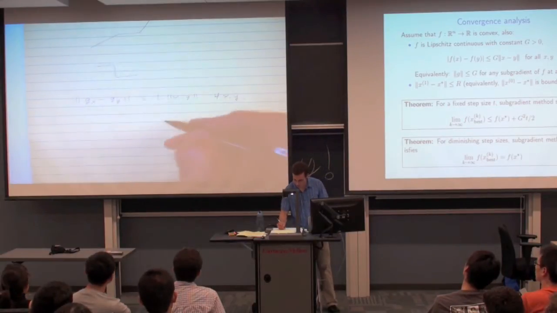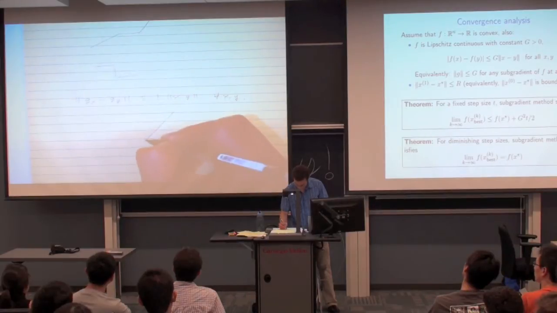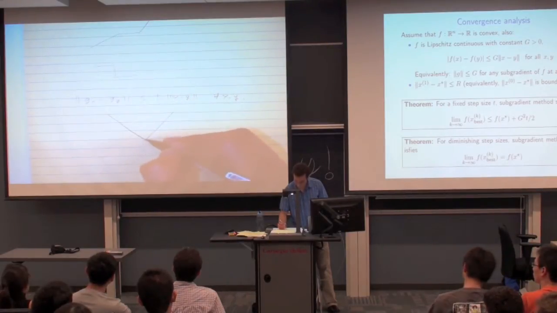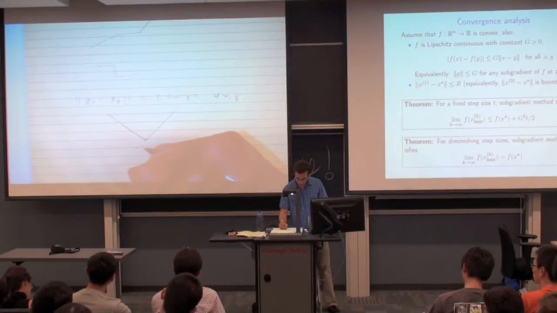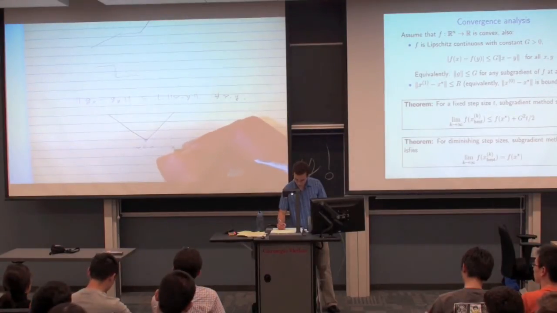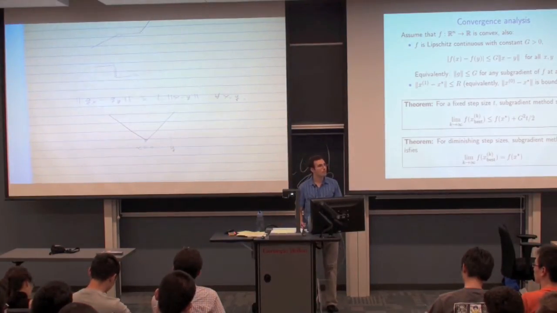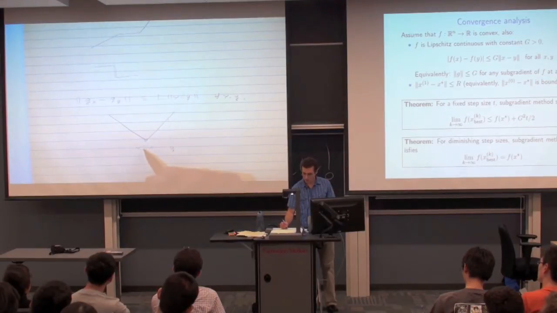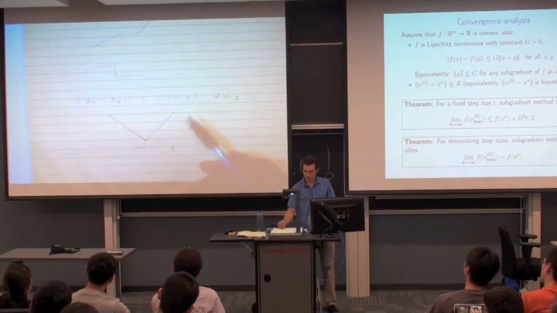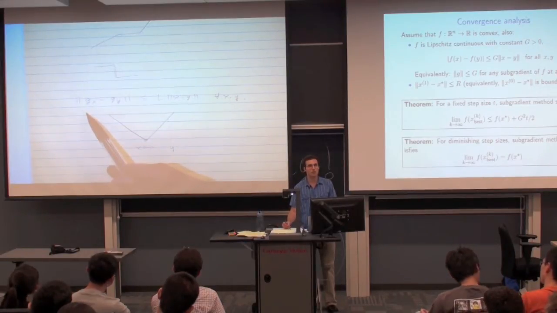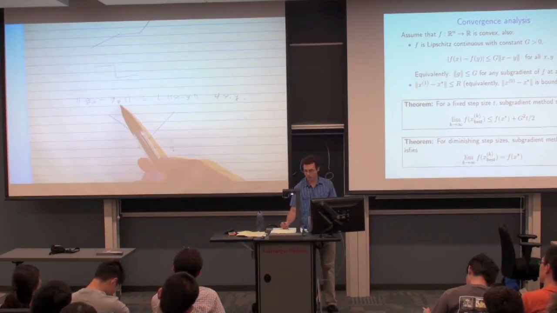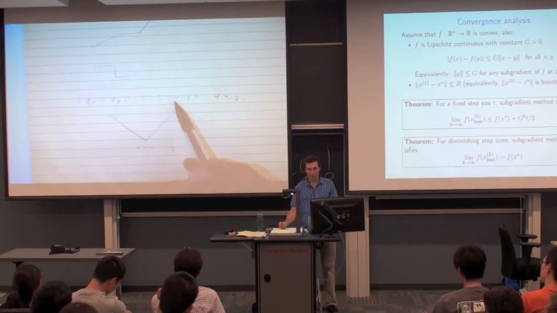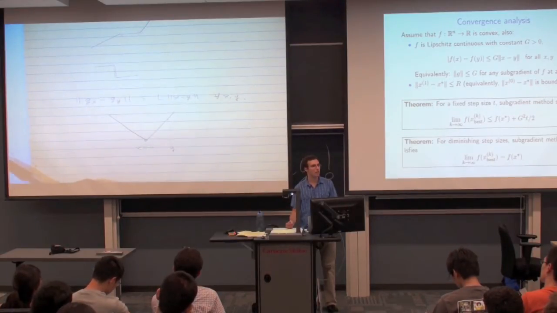Let's look at the absolute value function, for example. Let's take x equals 0 and y somewhere out here. The subgradient of this function at y is just 1. The subgradient of this function at 0 is anything between -1 and 1. So if I made it true that any subgradient at 0 minus any subgradient at y had to be smaller than or equal to L times the distance between x and y, that would be no good.